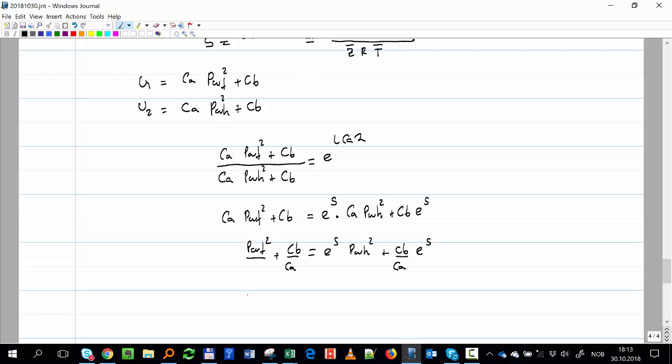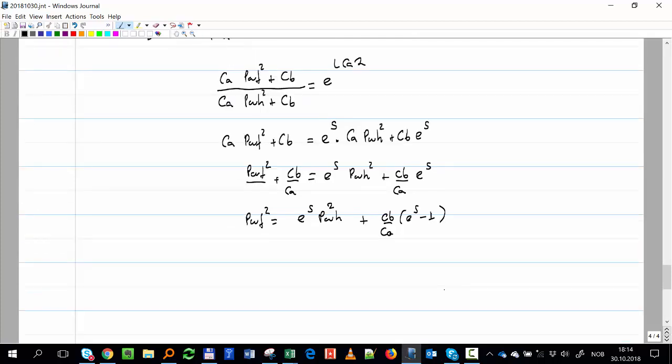Okay, and then I can have PWF squared will be equal to E to the S PWH plus CB over CA times E to the S minus 1. Okay? I end up with that equation. I hope I didn't make any mistake, which might be.